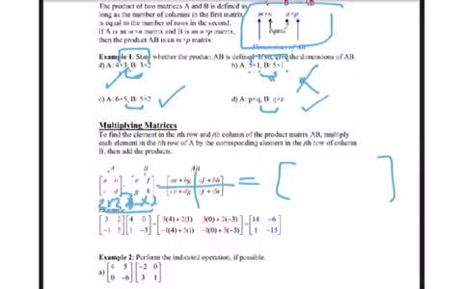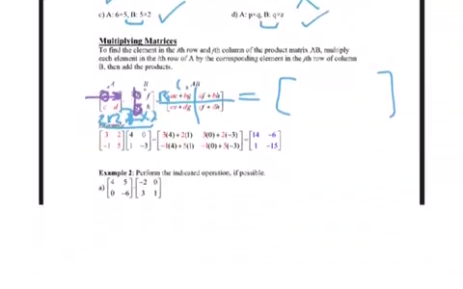If I want the top left, this would be considered row 1, column 1. So that's what I'm going to use in order to get the values that go within there. I'm going to do first times first, in this case A times E plus B times G, and you can see that here, and so on and so forth.